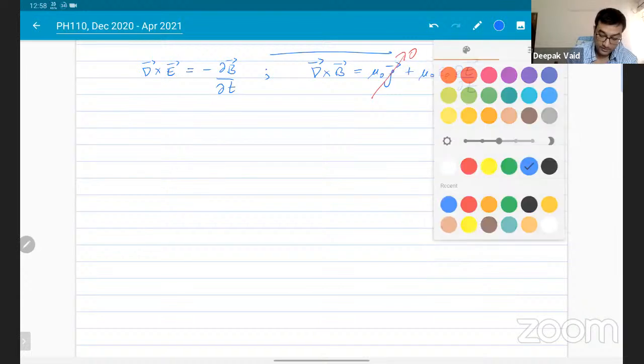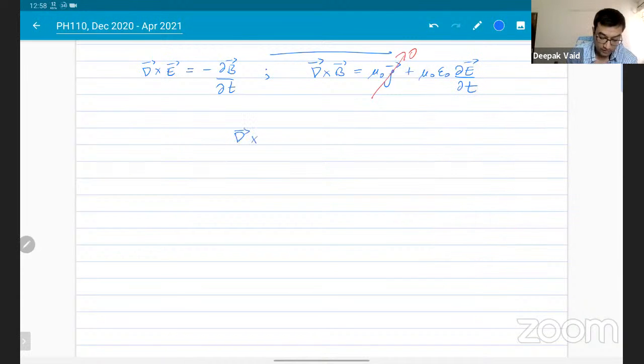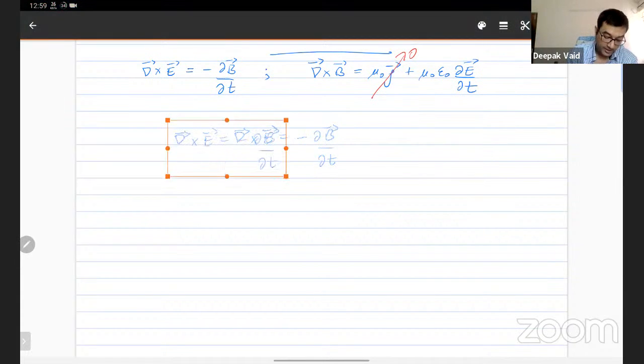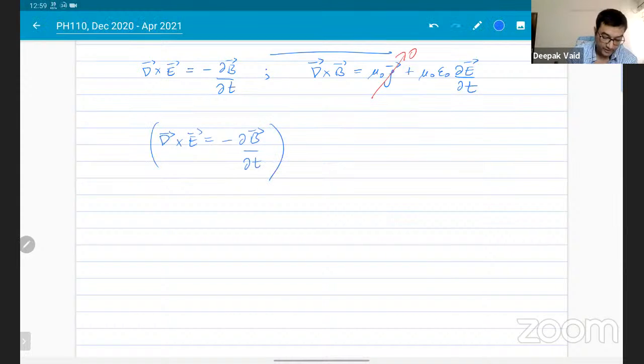So now we consider these two equations. Curl of E is equal to minus dB by dt. And this equation, what we do is we take the curl of this equation.